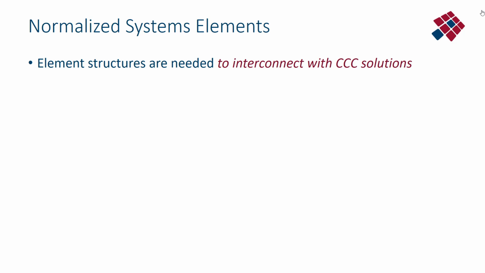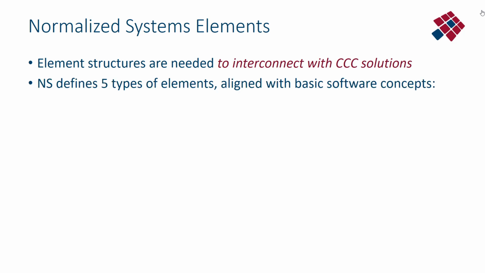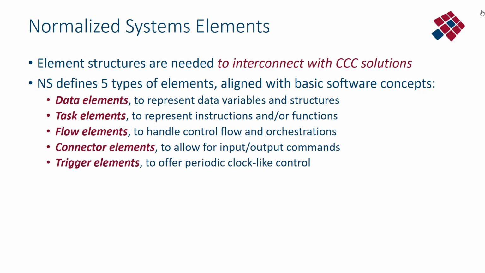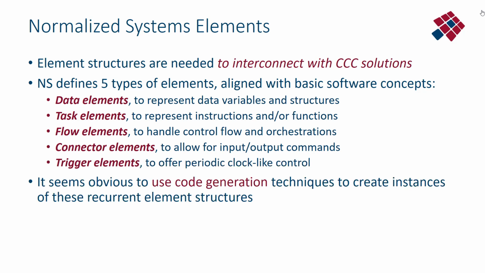Now, these normalized systems elements are structures around the implementation classes of the functional entities to interconnect with the various solutions dealing with the cross-cutting concerns, and we define 5 types of elements aligned very fundamentally with the basic software concepts: data element, task elements, flow connector, and trigger elements.